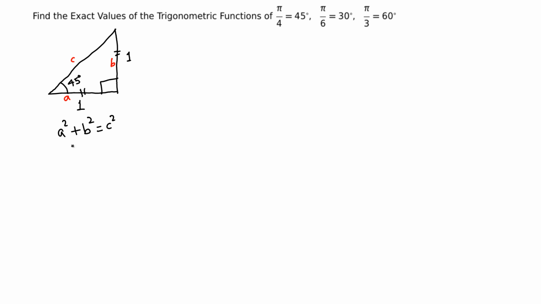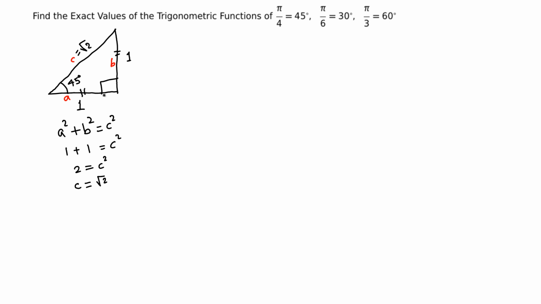A is 1, squared 1, b is 1, squared 1, and c is unknown. 1 plus 1 is 2, equals c squared. Now take the square root of both sides, so c equals root 2. So this unknown side is root 2.